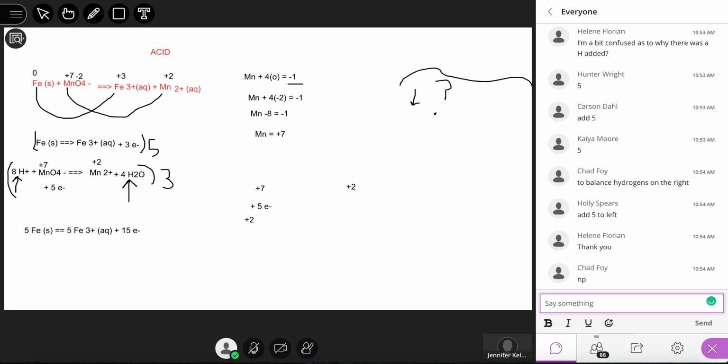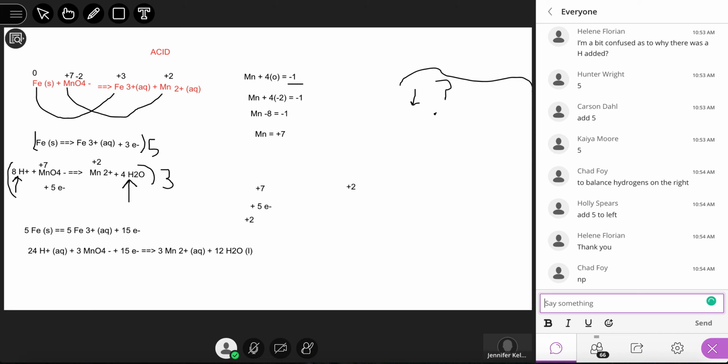And the other one is going to become 24 H+ aqueous plus 3 MnO4- plus 15 electrons makes 3 Mn2+ aqueous plus 12 H2O liquid.